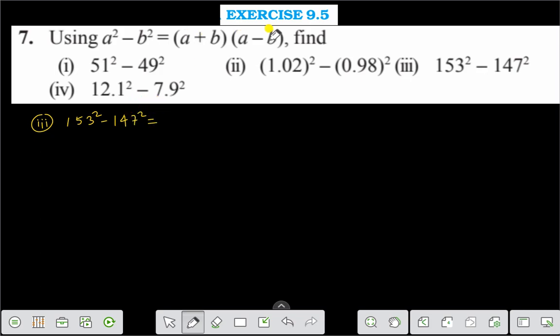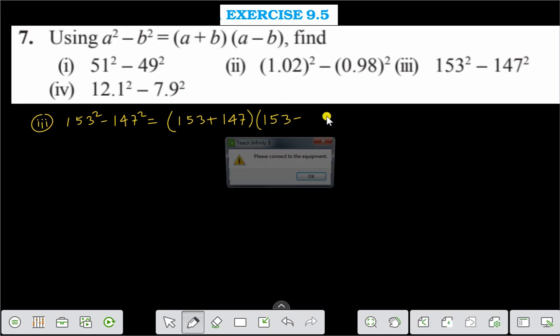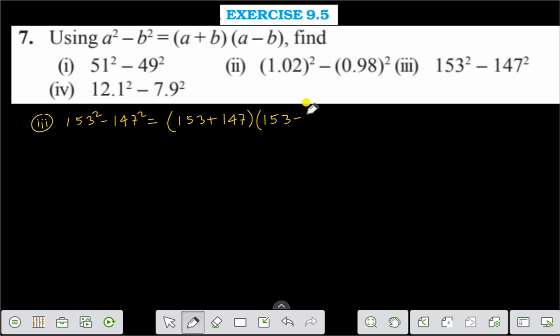We'll use this identity, a plus b into a minus b. That is 153 plus 147 into 153 minus 147.